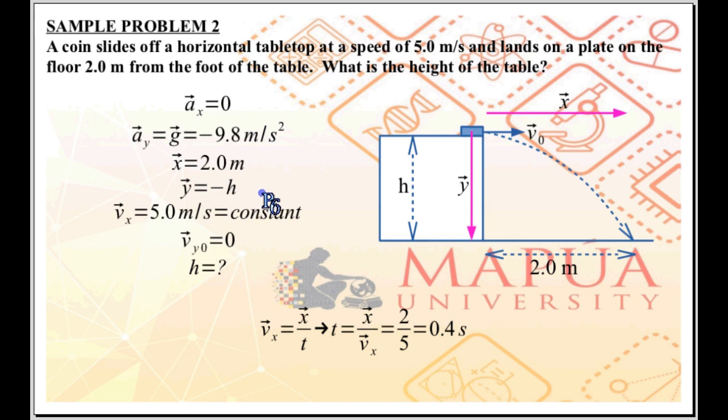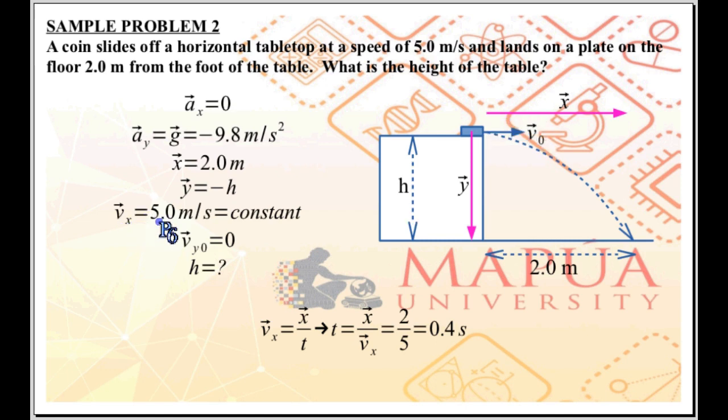Let's now divide the velocity into x and y components. You have initial velocity. The coin slides off the table. The tabletop is horizontal. Therefore, initial velocity of the coin is horizontal. So V naught, magnitude 5 meters per second, positive x direction. All of it is in the x component.